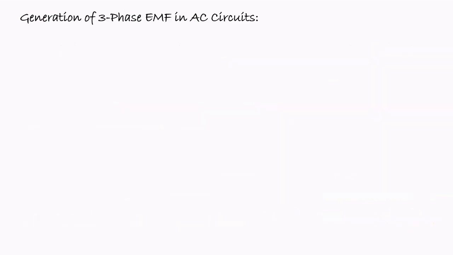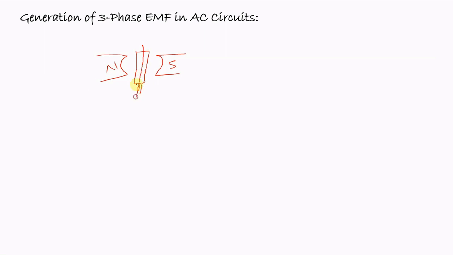Next is the generation of the three-phase EMF. How are the three-phase EMFs generated? We have already seen in single-phase AC power supply that, suppose we have a magnetic field where the north pole and south pole are placed, and there is a coil placed in this magnetic field.